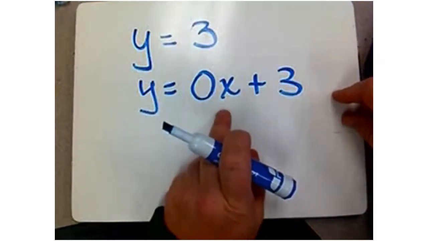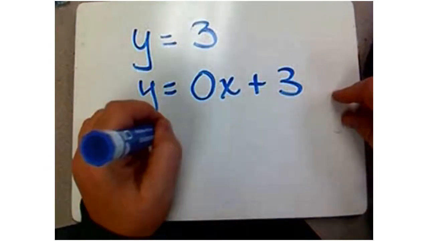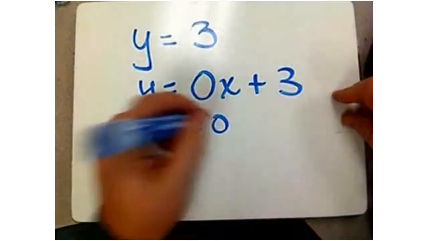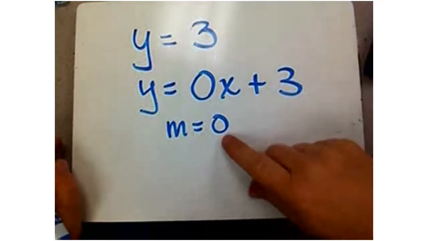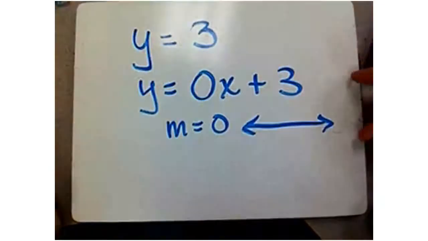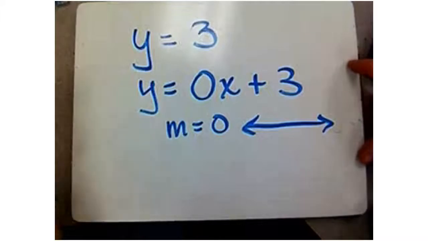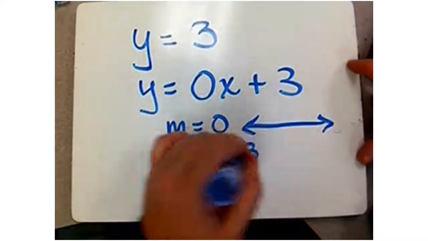It's just nothing. So you could rewrite it 0x plus 3. So that means your slope is 0. And you learned and have reviewed in the last section and learned in Algebra 1 days that when you have 0 slope, that's just a flat line, isn't it? It's a horizontal line. And then our y-intercept is 3.